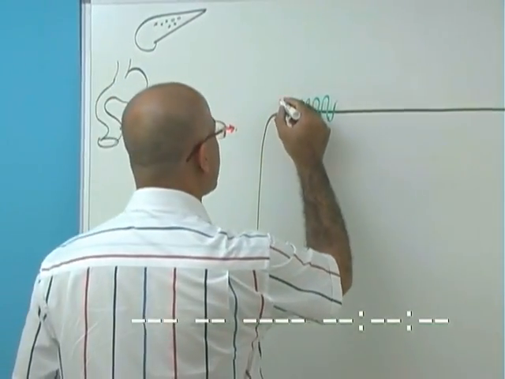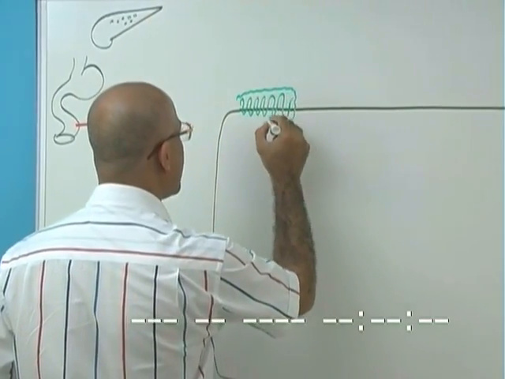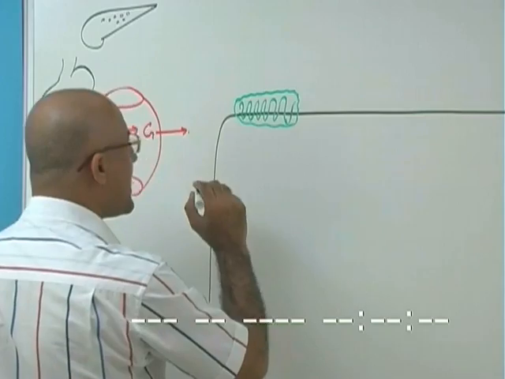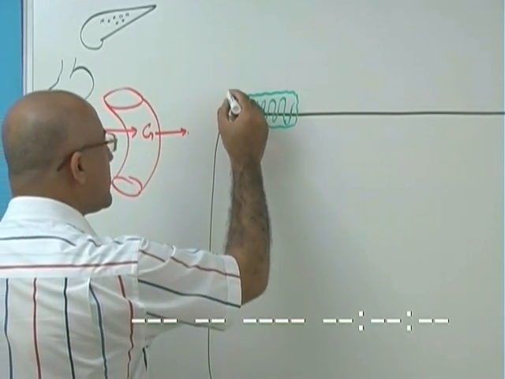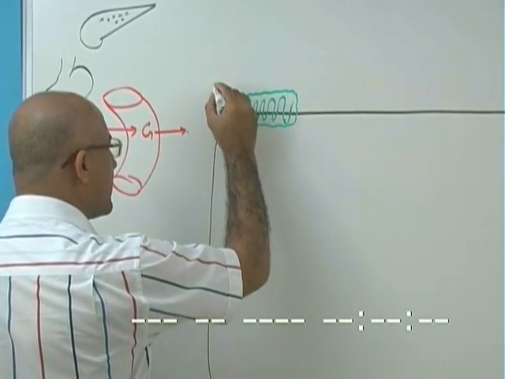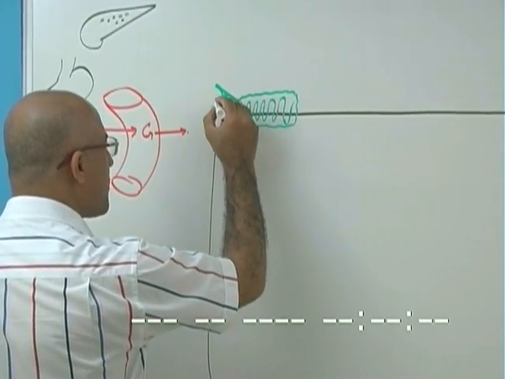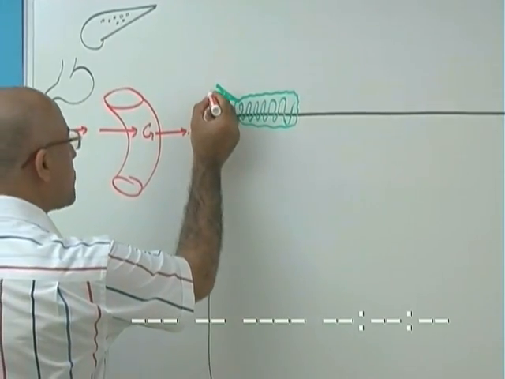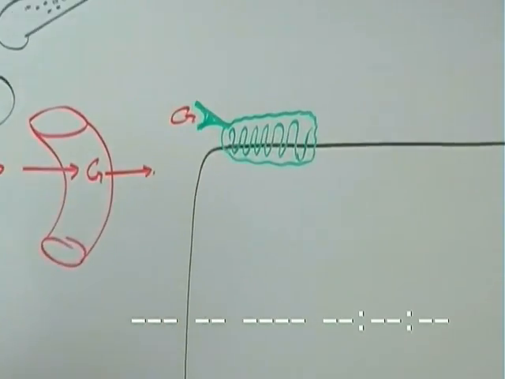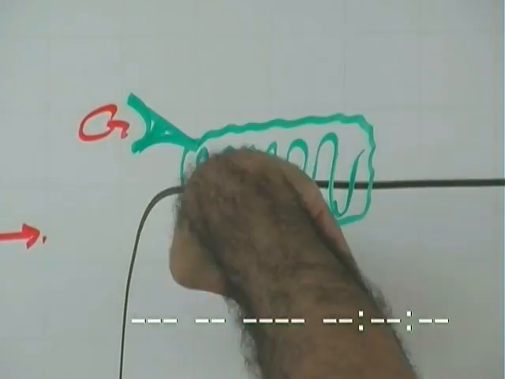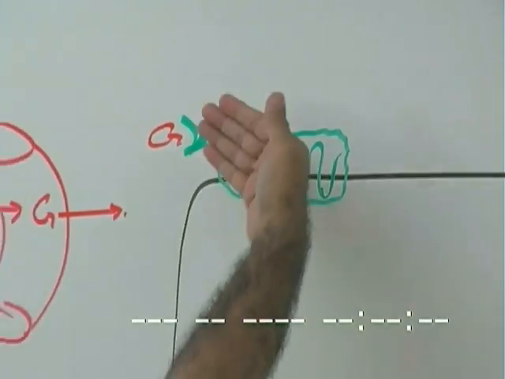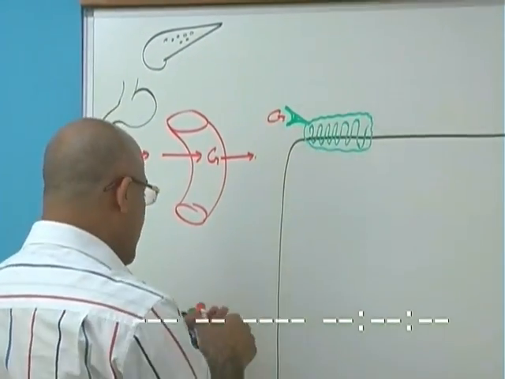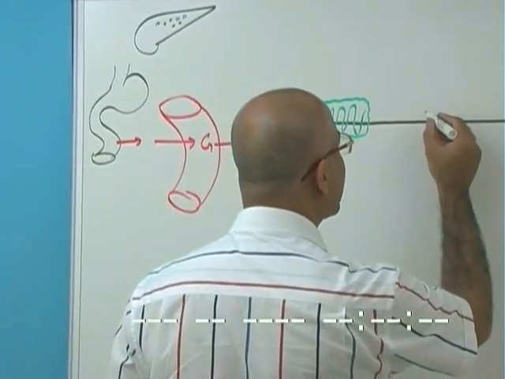This is a glucose transporter, and it has a special type of domain where it can bind the glucose. When glucose binds here, as soon as glucose binds, it flips in and releases the glucose inside.